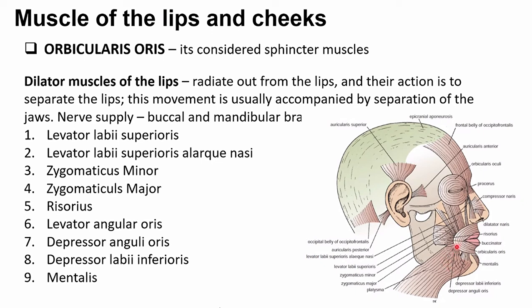Just below that, the depressor labii inferioris, more medial na, and mentalis. All of these act as dilators. So there is an upper group of muscles, as I mentioned, the levator labii, levator anguli oris, zygomaticus, and risorius. These are the upper group oral muscles. And the lower group of muscles around your lip, the depressors, including the mentalis.